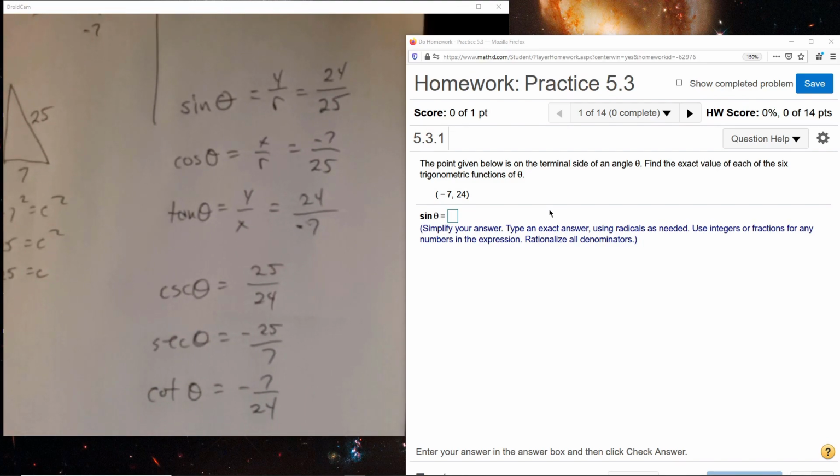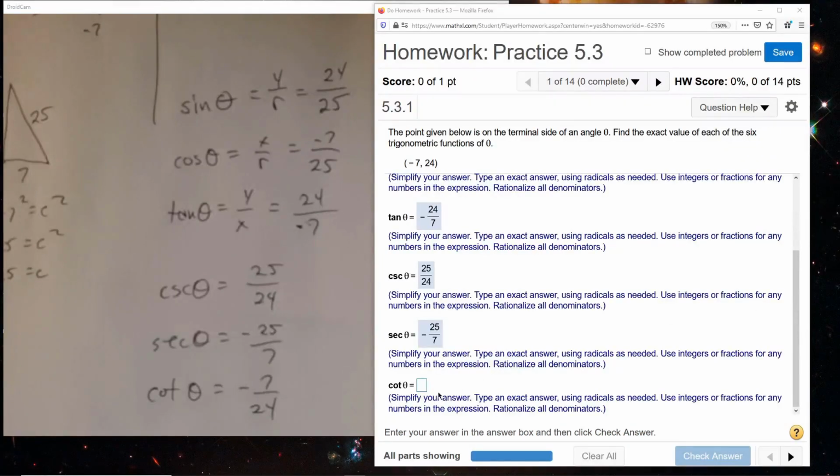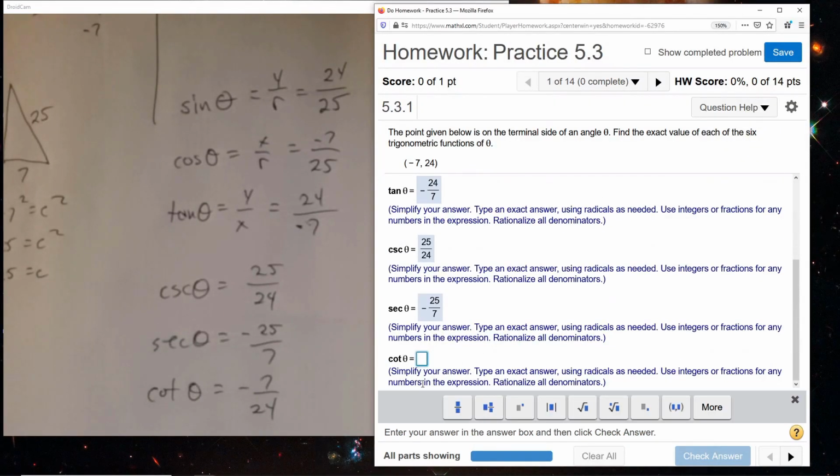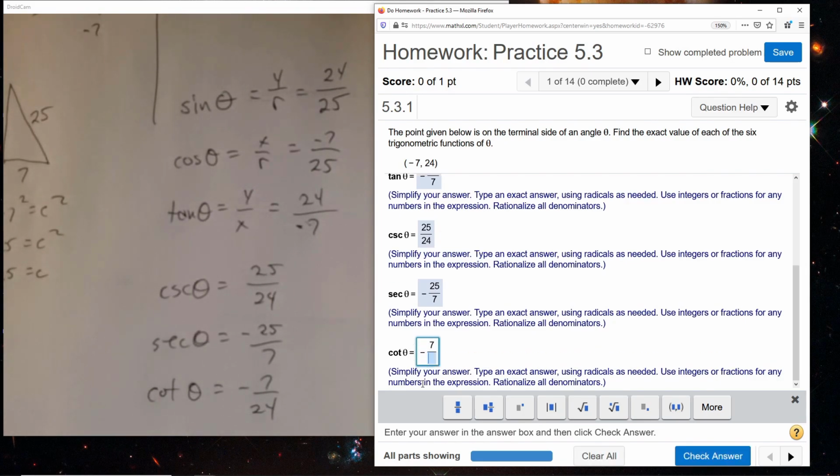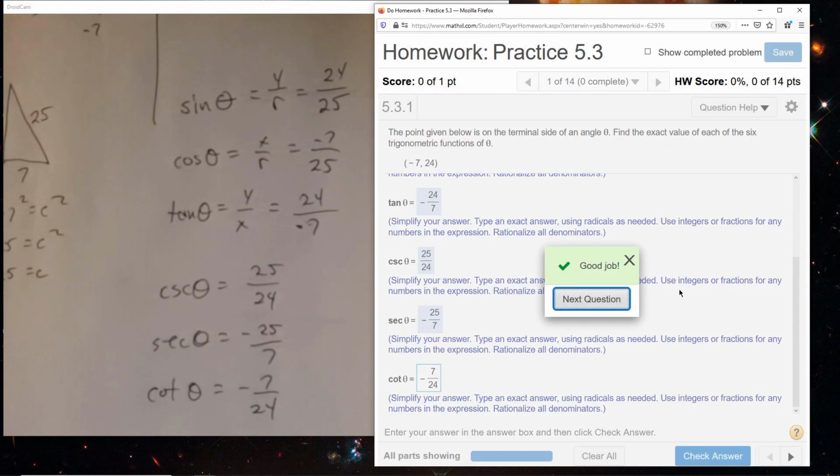And so we have all 6 trig functions. All right, so I'm entering the last answer in. I already entered the other 5. And that is question 1.